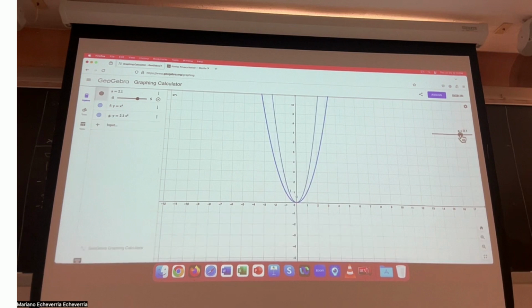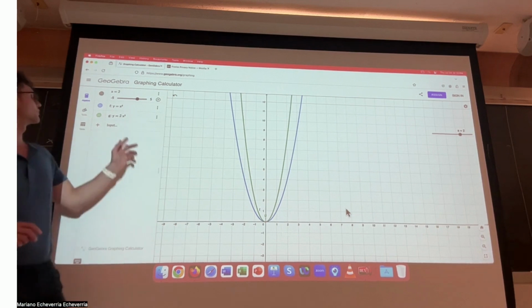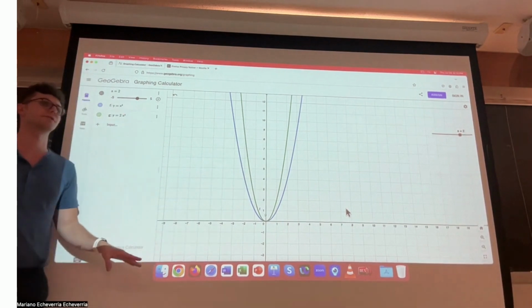For example, let me put this in green. This is y equals 2 times x squared, which is the one that I just drew on the board.